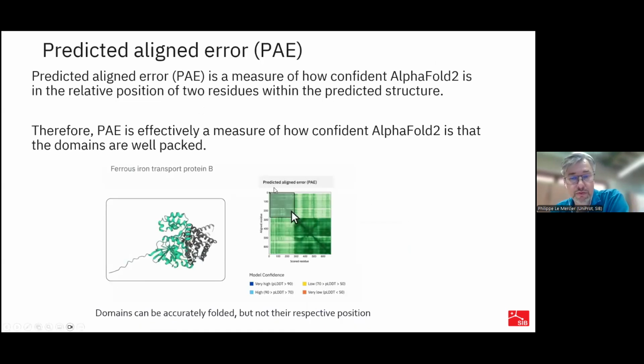And also you will see that you have the predicted aligned error, PAE, which is extremely important to figure out domains, actually. It compares the prediction of amino acid placement compared to all others. Within a domain, it's very confident that the amino acids are all equidistant in some way, but between domains, like here, you see that the confidence is very low.